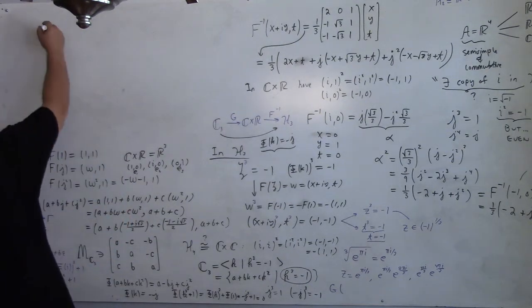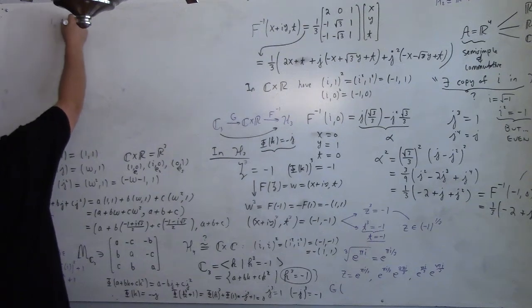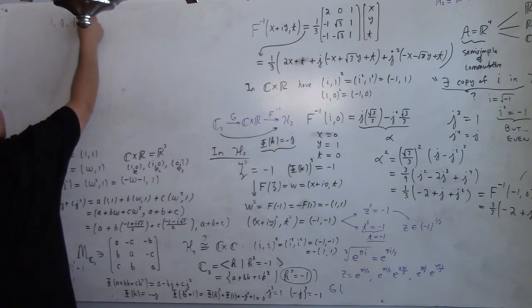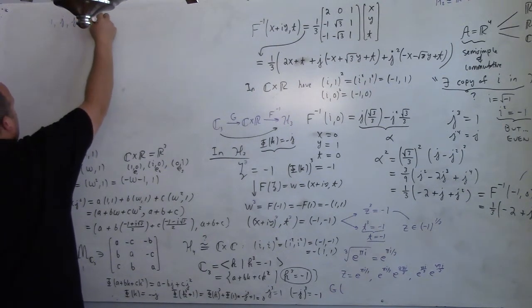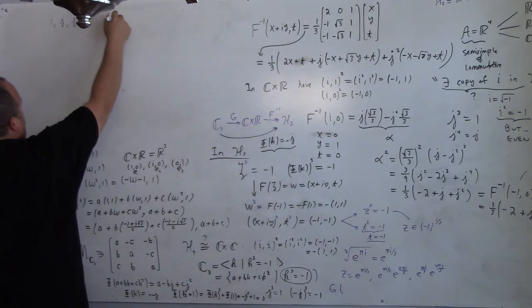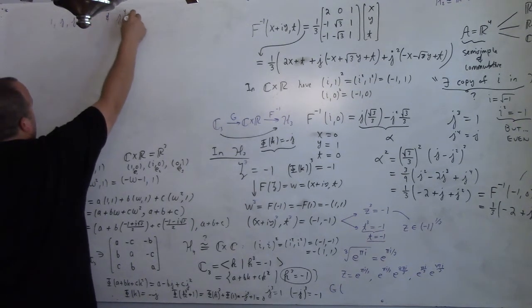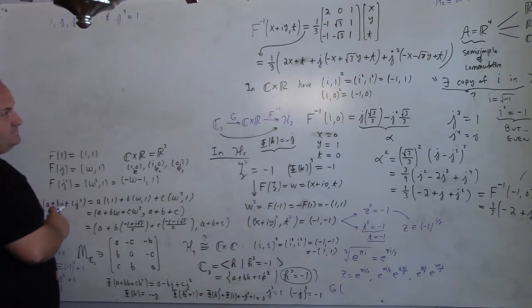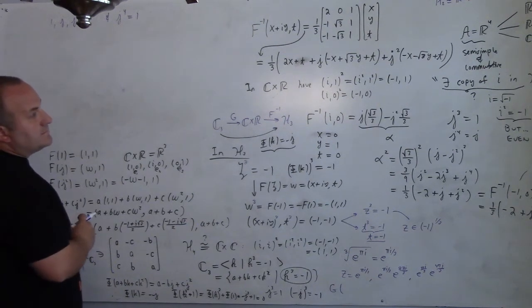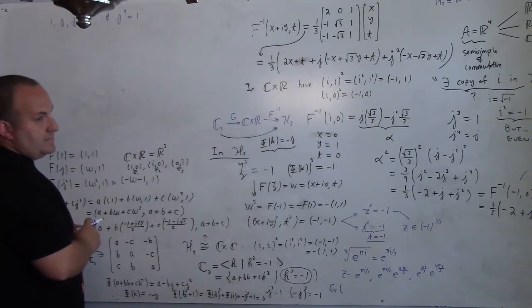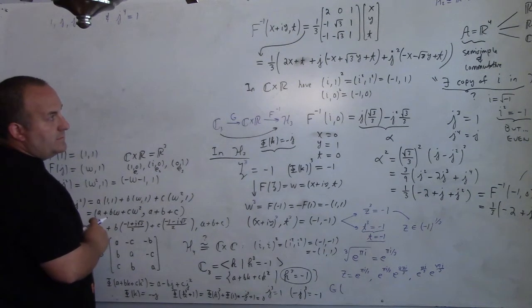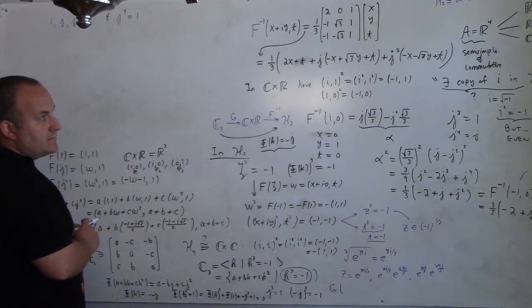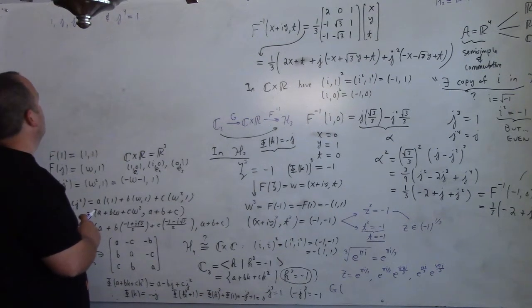So we have 1, j, j squared, j cubed, and j to the fourth is equal to 1. And then for that, you could map it to 1, 1, because 1 is 1.